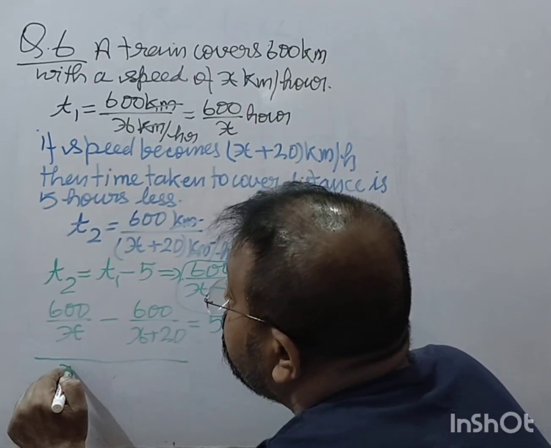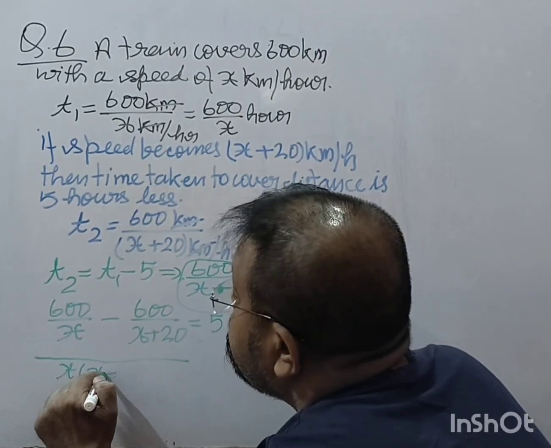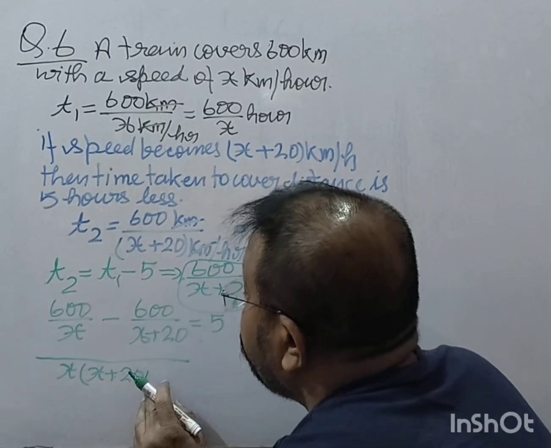You have taken x bracket x plus 20 as a LCM, then what happens?